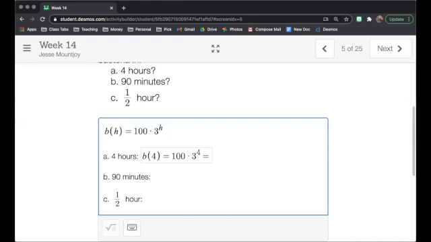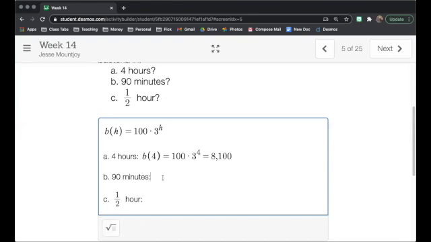So let me plug that into my calculator. 3 raised to the 4th is 81, times 100 is 8,100. Okay. So after 4 hours, our population is at 8,100 bacteria, starting with just 100.